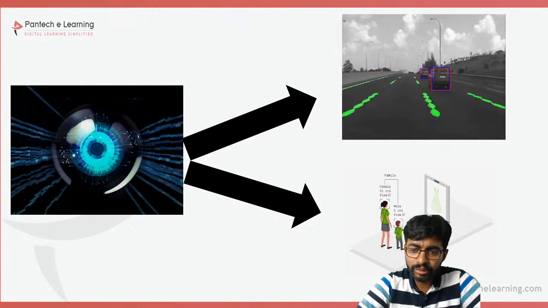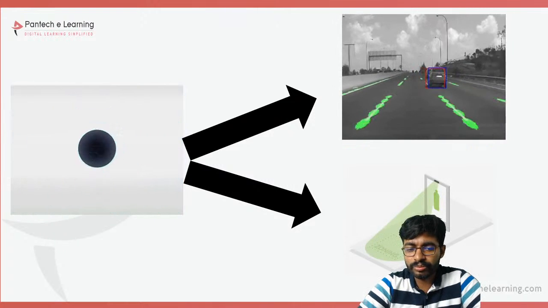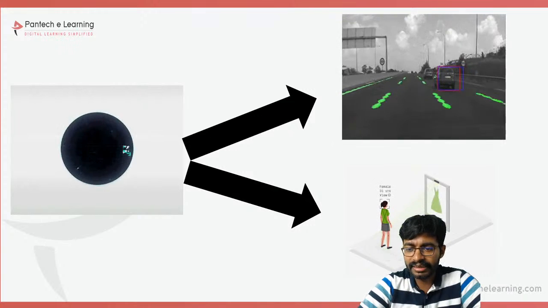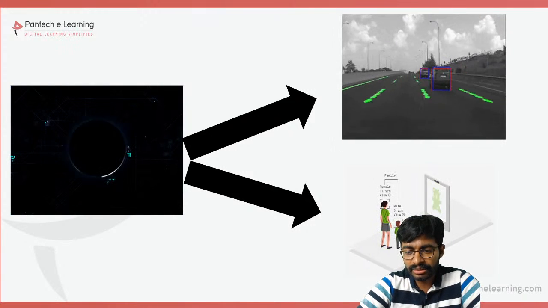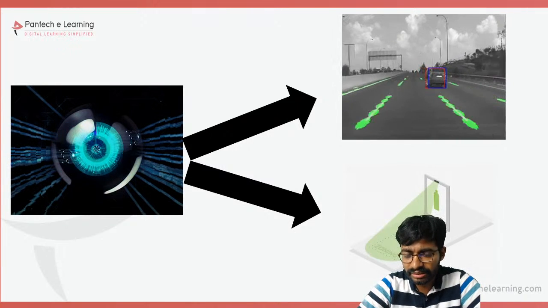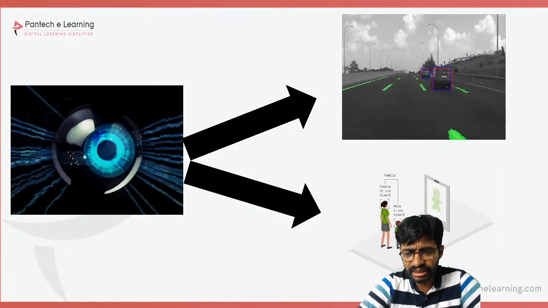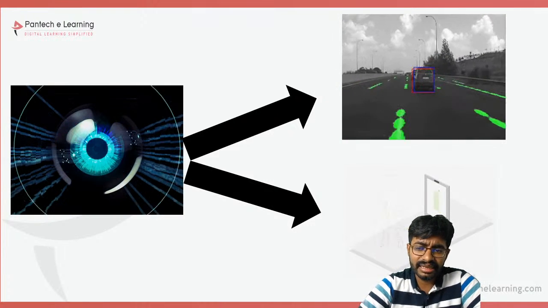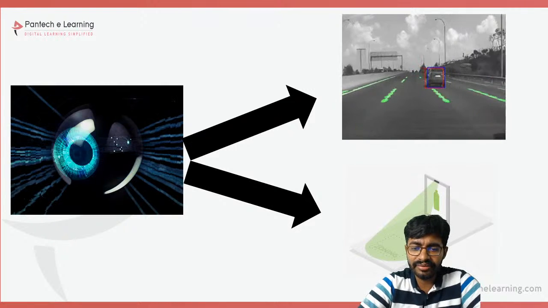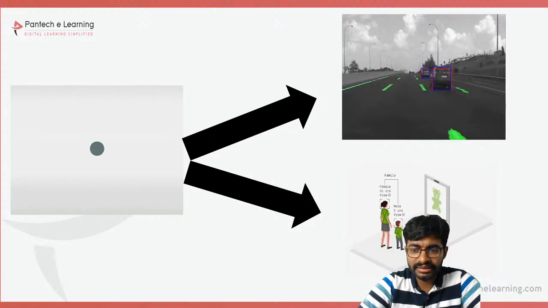It will be able to view in as easy a way as possible, and once it is viewed, the data will be displayed in that particular form. Here you can see that device or that video. Through that, a vehicle is detecting the lane and at the same time detecting the vehicles in front of it.